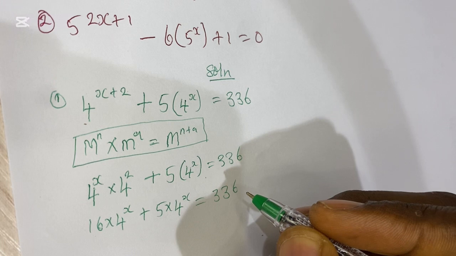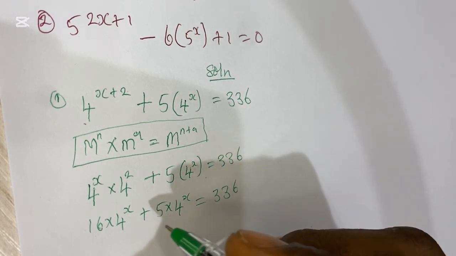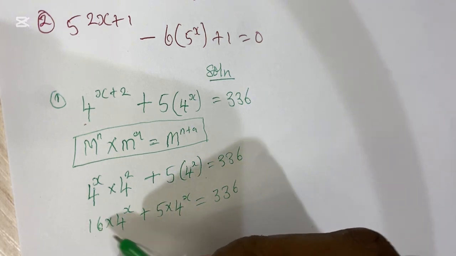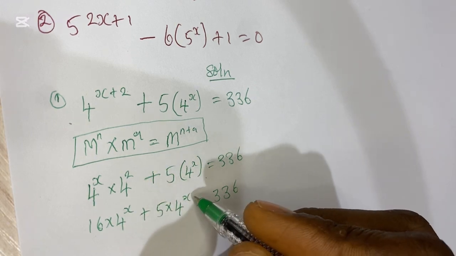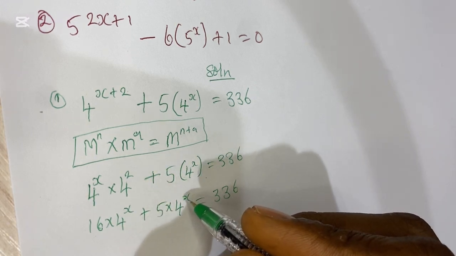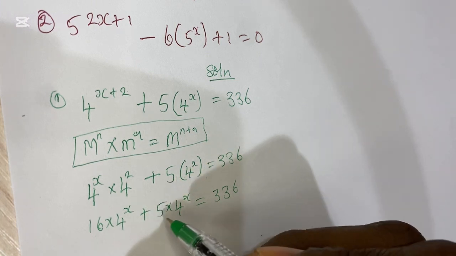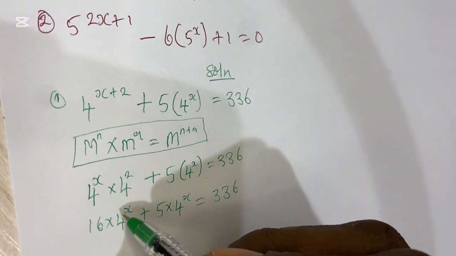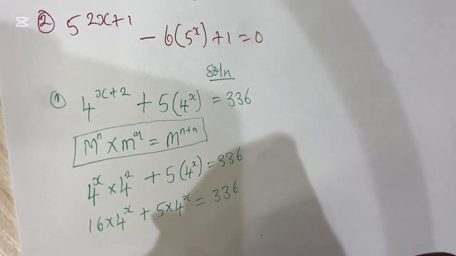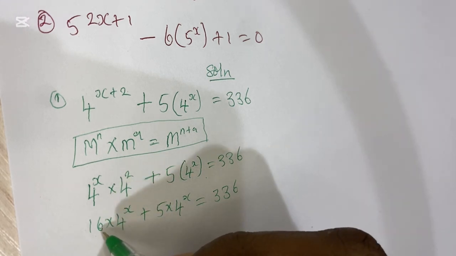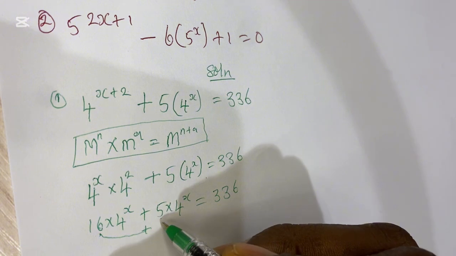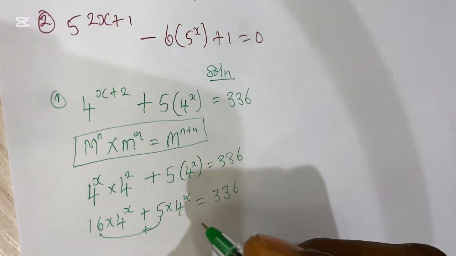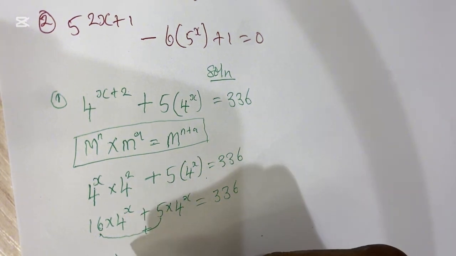Now we have 16 times 4 raised to power x plus 5 times 4 raised to power x. Do you understand? Assuming 4 raised to power x is the unknown, you add these two and we get 21.